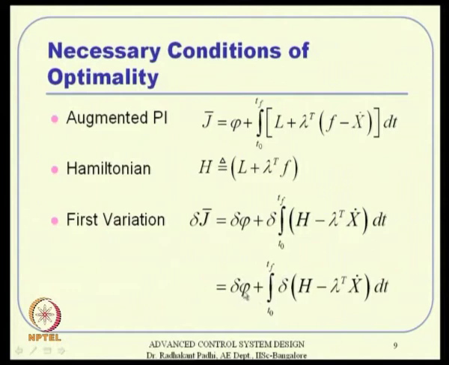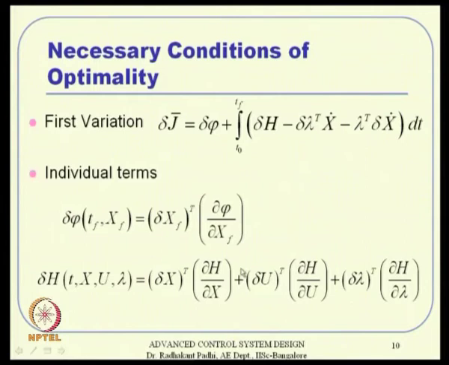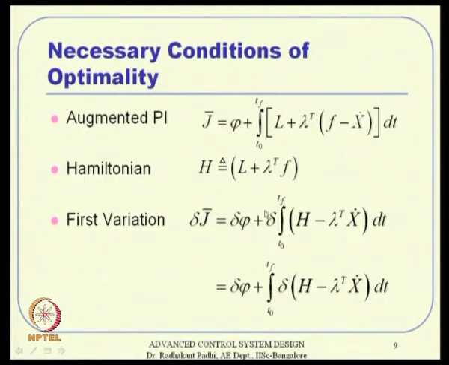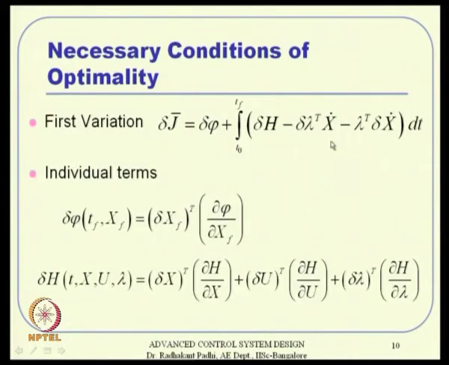So, this is del phi plus the integral from t 0 to t f of the variation of all these terms. Let us expand inside the bracket: the first variation of H minus the first variation of this quantity, where the first variation of a multiplication satisfies the derivative-like product property, and using that we can expand it.